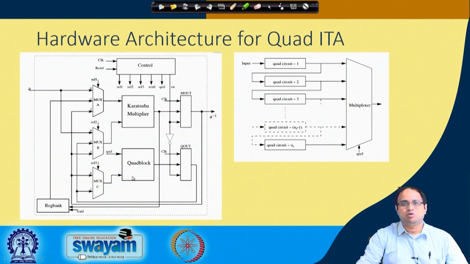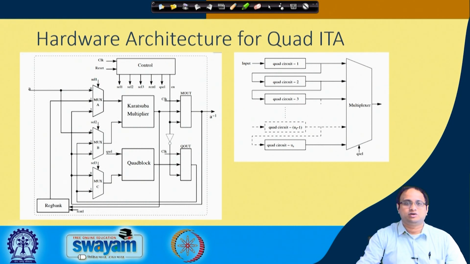How do you realize a quad block? When you are doing quadding in GF(2) arithmetic, you are basically doing squarings followed by squarings. Squaring, as we discussed, is a linear operation in GF(2^m) arithmetic. Therefore, you can realize a squaring operation using only XORs. You do not need any AND gates.